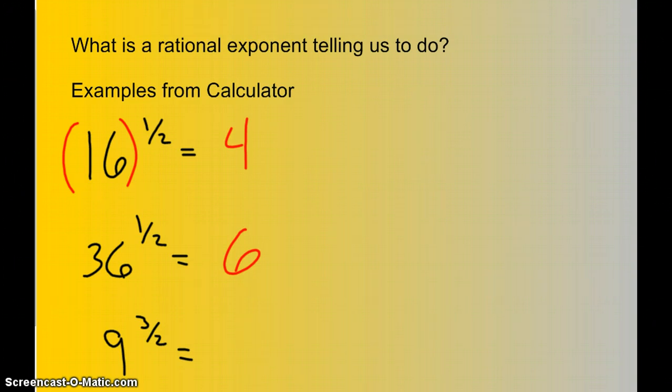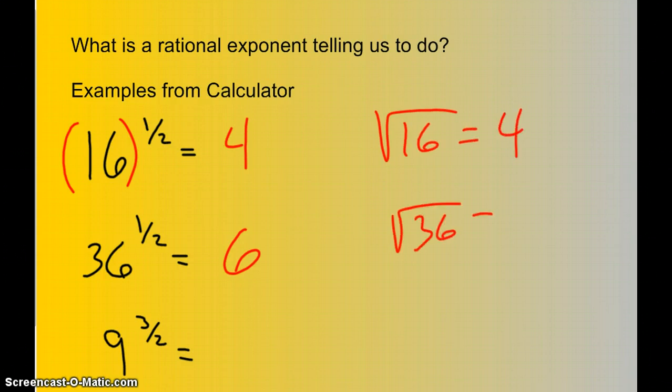So hopefully this leads us to an observation here. The 1/2 power of 16 is 4, the 1/2 power of 36 is 6. Based on prior information, hopefully you're thinking that the square root of 16 is 4 and the square root of 36 is 6.